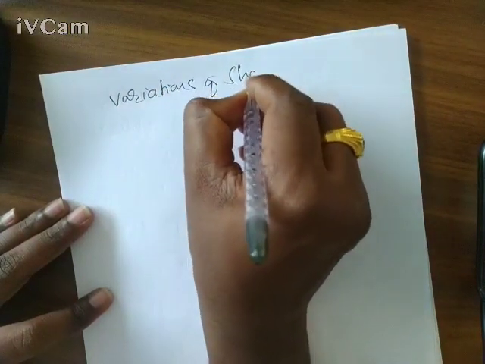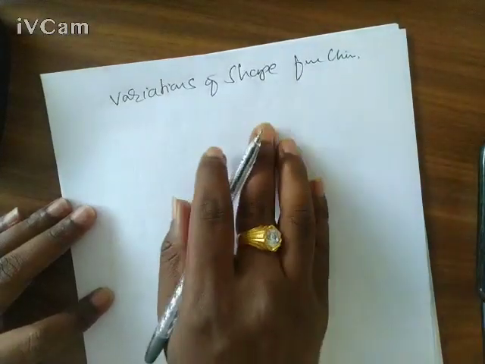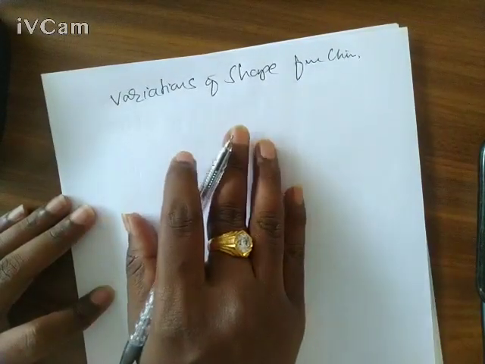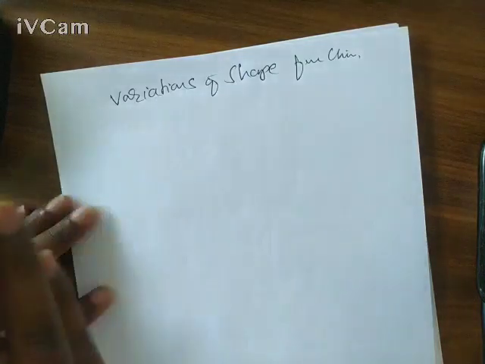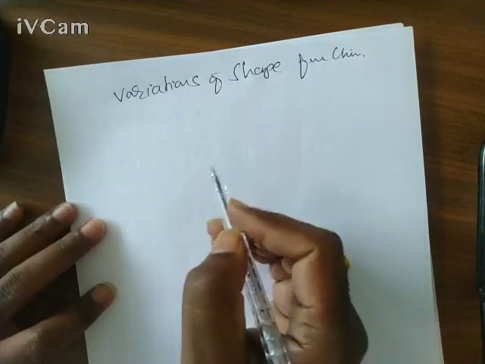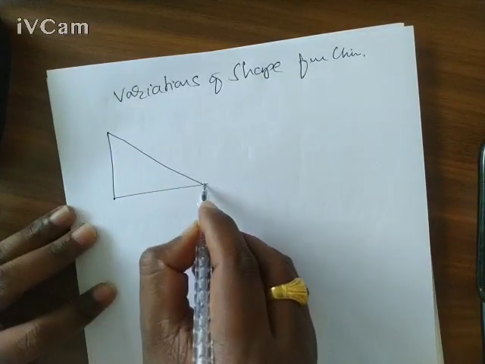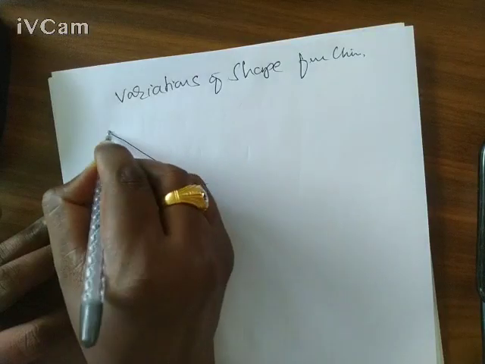See friends, if you do not write the variation of shape functions in your exam, you are going to lose almost one third of your derivation marks. So to avoid that, we already know a few properties of shape function.